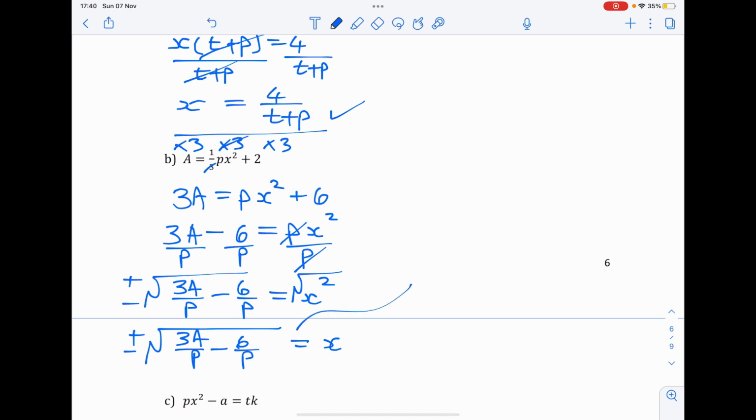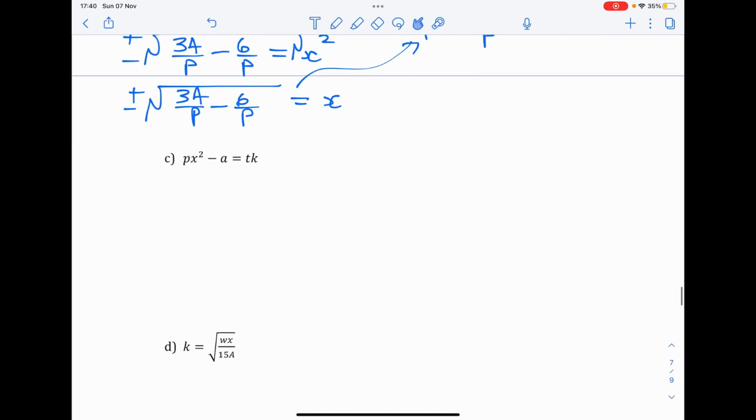Another way of writing the root is to just use one denominator, so 3a minus 6 all over p and rooted. So all we're doing is shuffling the equation to get x by itself, but you have to follow all the rules of algebra.